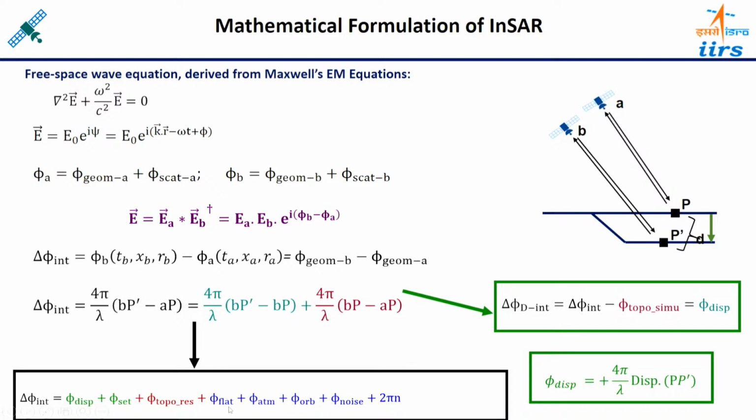Then the flat earth phase: we assume the earth is flat, but it is not flat, it is a spheroid. The actual shape of the earth is 3D, so when we change from 3D to 2D, this conversion reflects the curvature of the earth, which generates some component in the phase difference, or you can say in the interferometric phase.